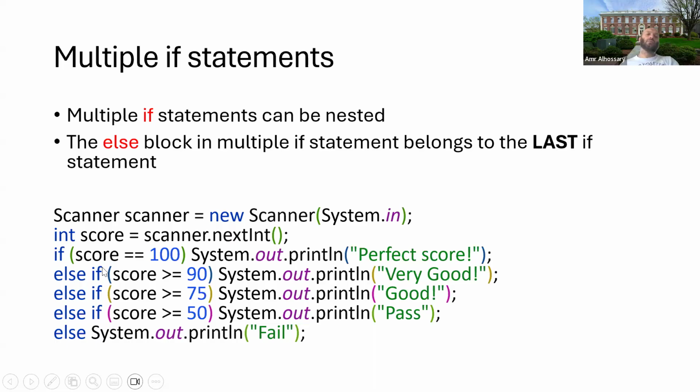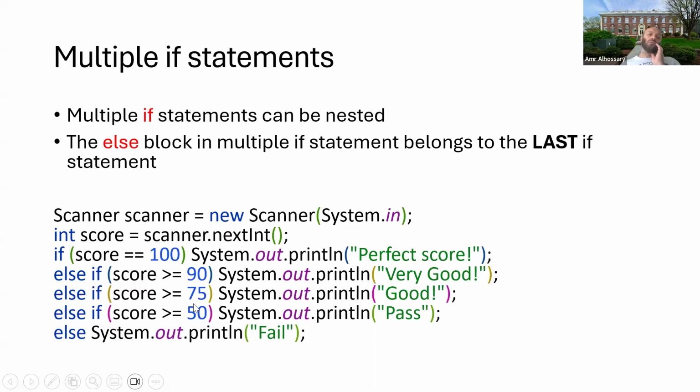In the else, we start with if score is greater than or equal to 90, we print very good. Else, that means it's neither 100 nor greater than or equal to 90, so it's smaller than 90. We go to the next if statement.